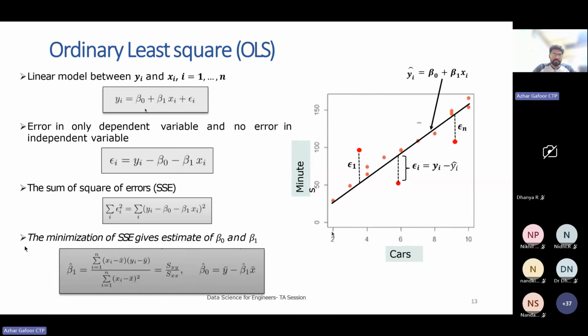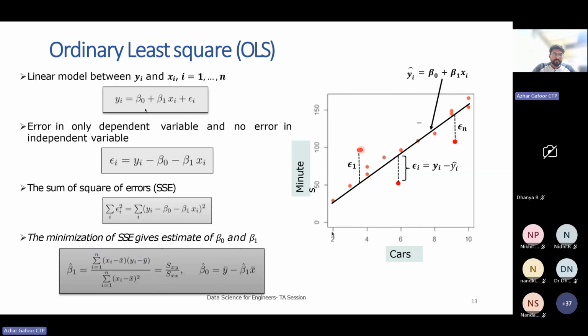So here we have the point. For this point, if we substitute beta naught, beta 1 and the xi, we are going to get a point on the line, or the value on the line. The actual departure of this point is given by this epsilon 1, which is the error.